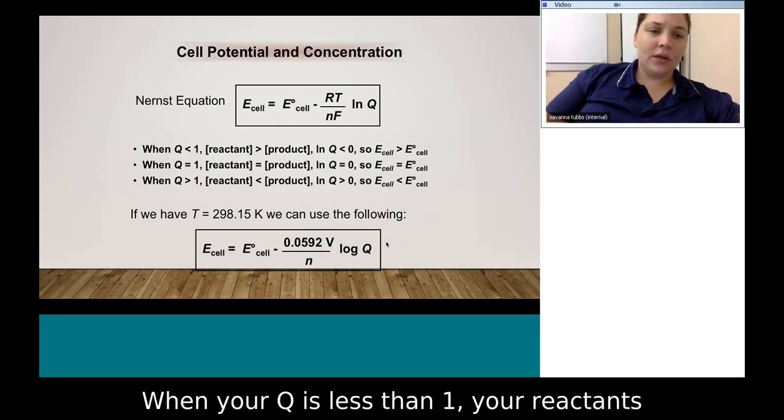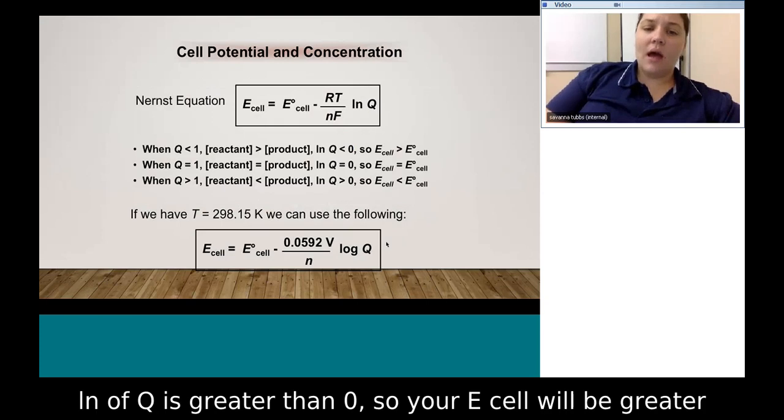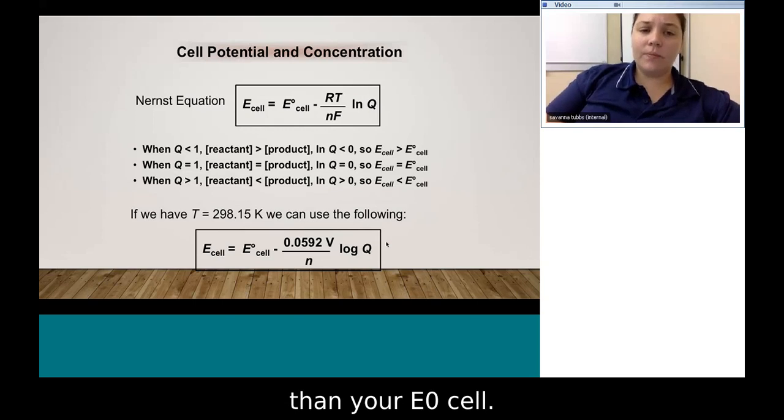When your Q is less than 1, your reactants are greater than your products, ln of Q is less than 0, so your E cell will be greater than your E naught cell.